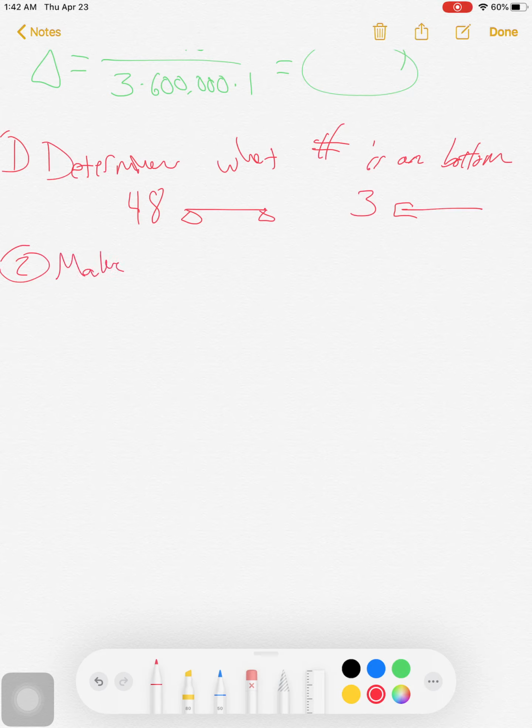Second, make sure everything's in the same units. So if you have feet, convert it to inches. If we're using pounds per square inch for our E value, we want to make sure we're using inches to the 4th power for our I value, and we want to make sure we're using inches for our length. So make sure we're all in the same units.